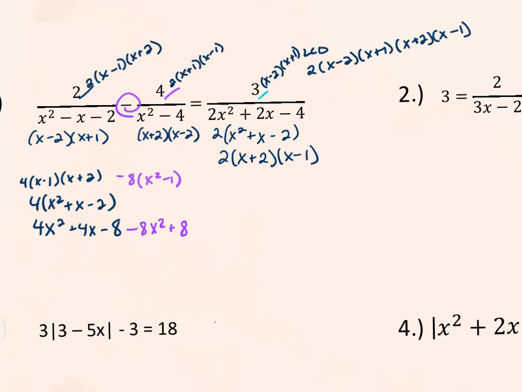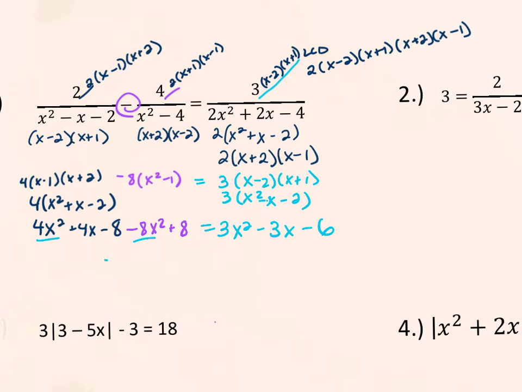Last one, 3 times x squared, this equals now, 3x squared plus, let me work that out, x minus 2, x plus 1, which would be 3x squared minus x minus 2, or 3x squared minus 3x minus 6.